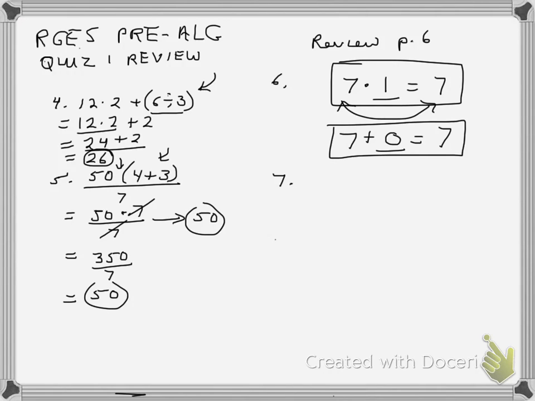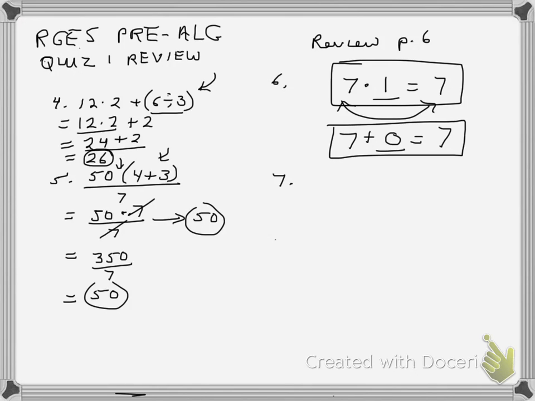Number 7, write an equation illustrating the associative property. There's an associative property and there's a commutative property. The associative property requires at least 3 values so that I can show pairing. You show pairing by parentheses. You show what you associate together first.